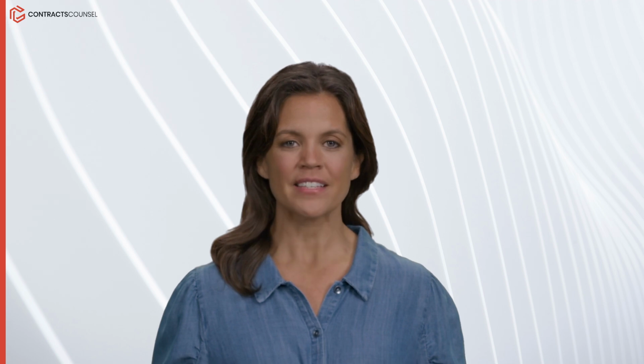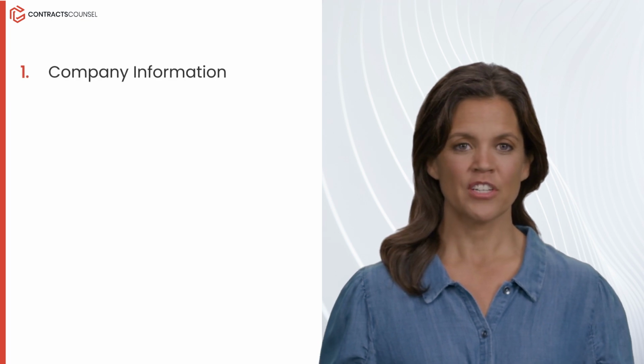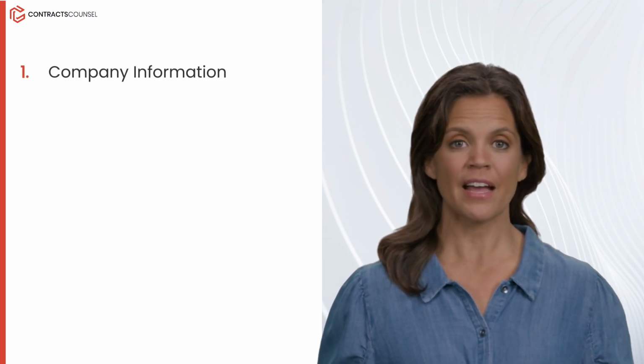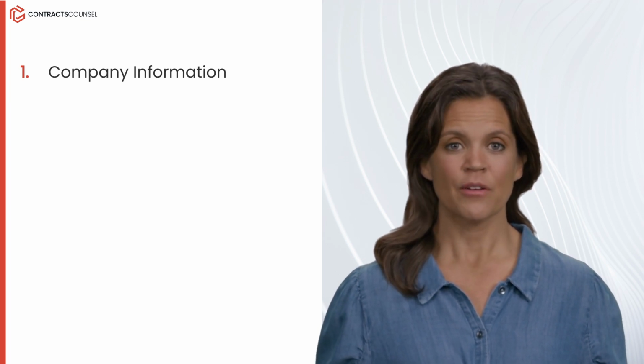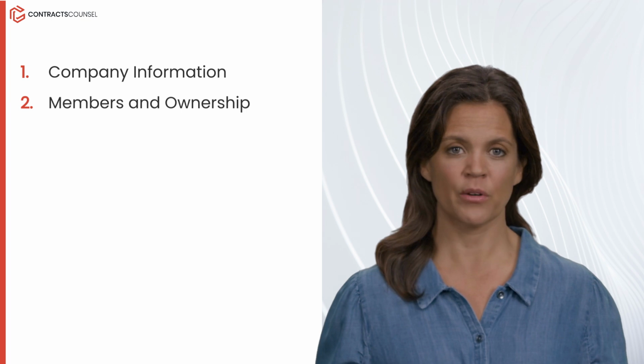Understanding the key sections in a Texas LLC operating agreement is essential to filling out your online template correctly. Here are the key sections you'll typically find. 1. Company information. This section includes the LLC's name, the purpose of the business, and its formation details. 2. Members and ownership.